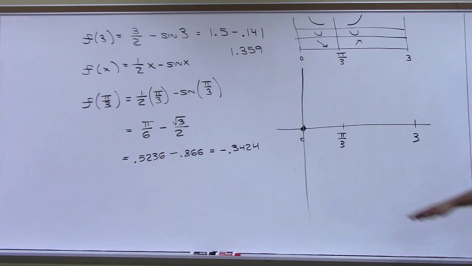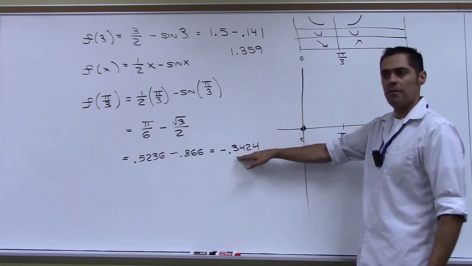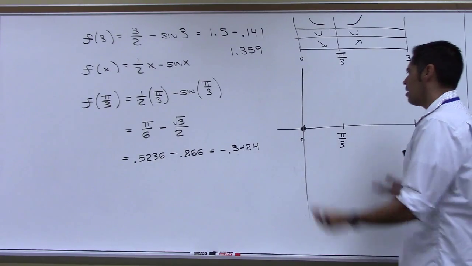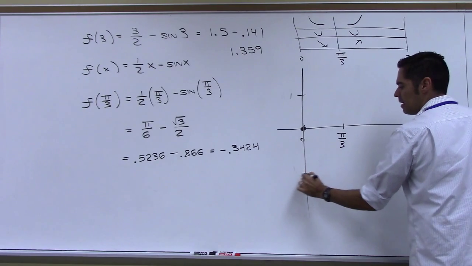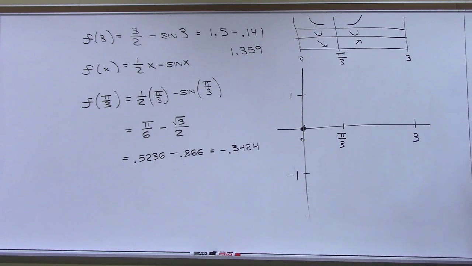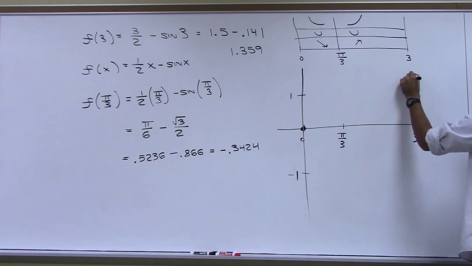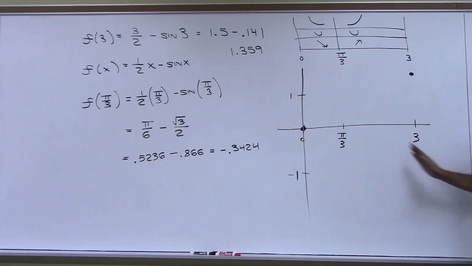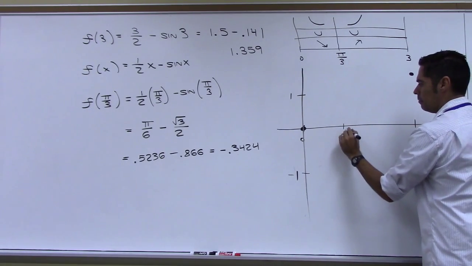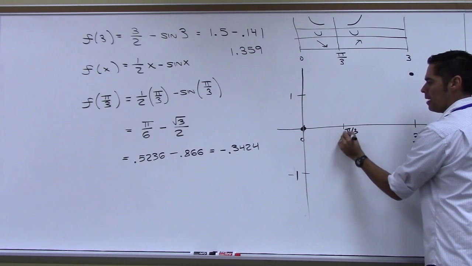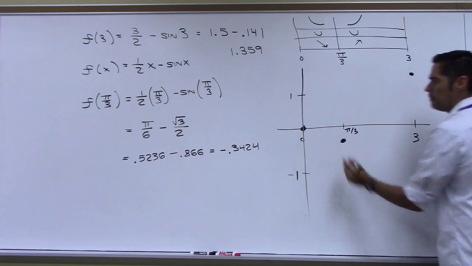And the other one was negative 0.3424. So I'll say, here's 1, which makes this negative 1. Let's see, I'll do the 3 one first. At 3, I'm at 1.3, so I'm somewhere up here. And at pi over 3, I'm at negative 0.34, which is roughly here, isn't it?